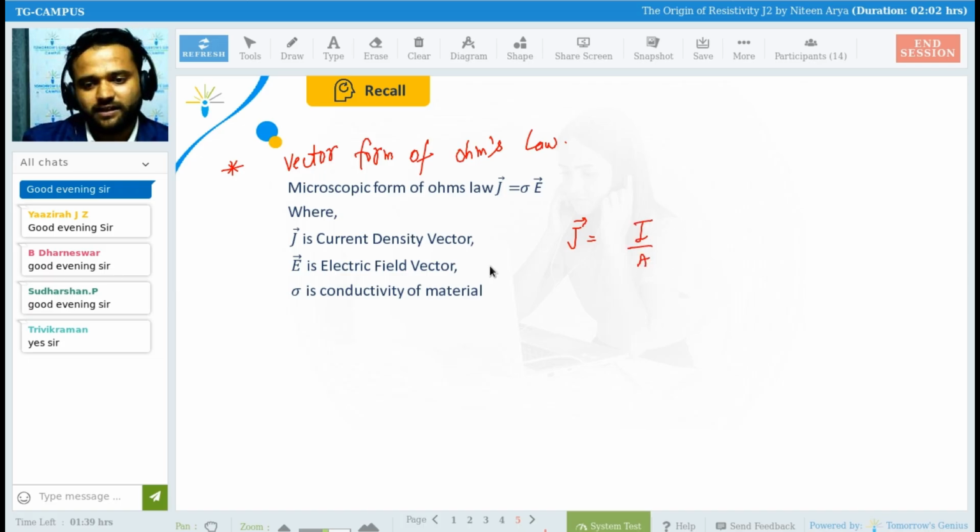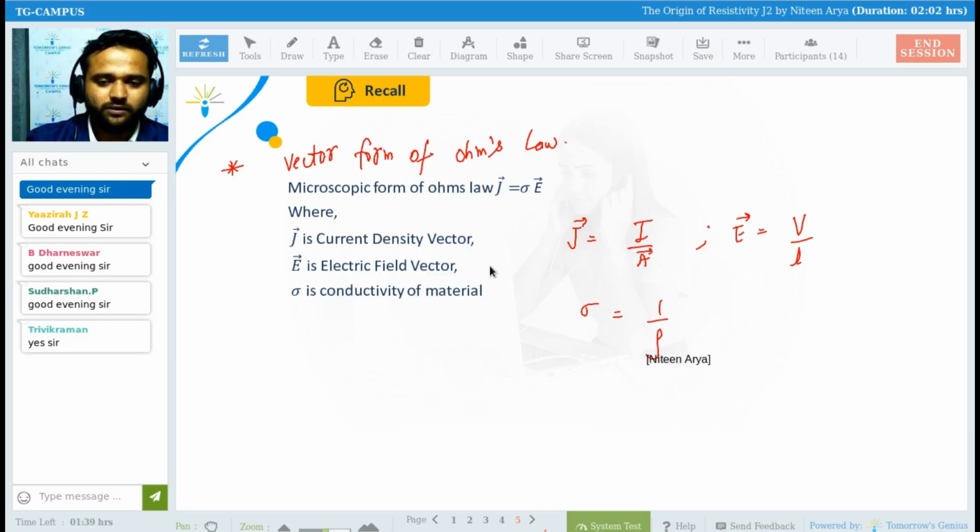Here A is an area vector, because I is a scalar quantity, that is why J is a vector quantity. And E is the electric field, which you can understand as V by L also. And sigma is the conductivity, which is 1 by rho, the resistivity. Its unit is siemens or ohm per centimeter inverse.